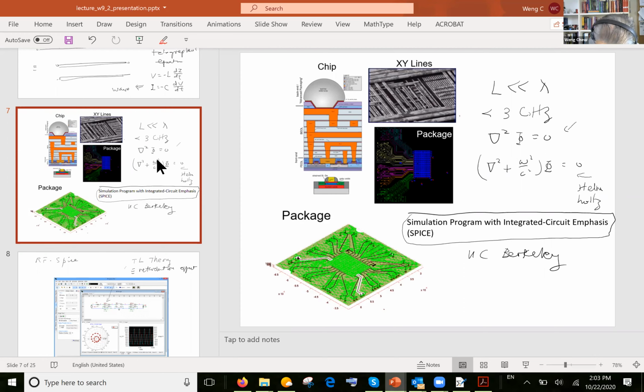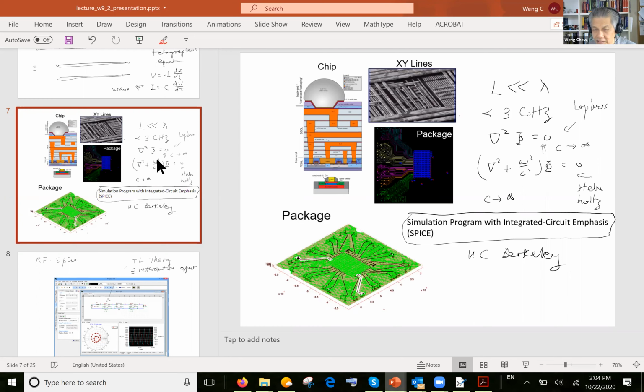One way to think about it is that when you let c go to infinity, you get back Laplace's equation, which means that if you're solving things with circuit theory where you only solve Laplace's equation, everything happens instantaneously and there's no retardation effect.